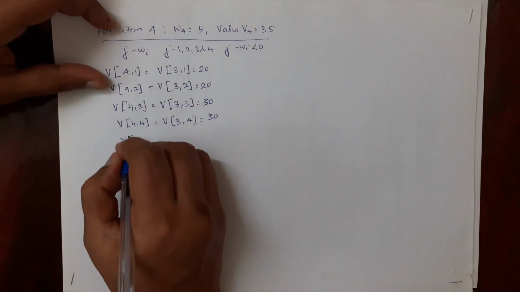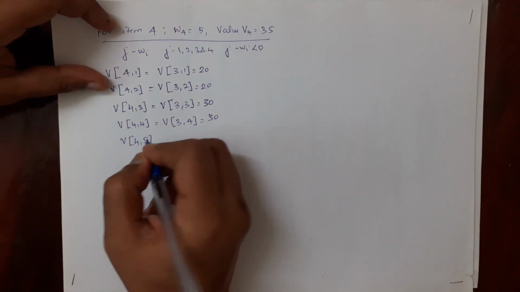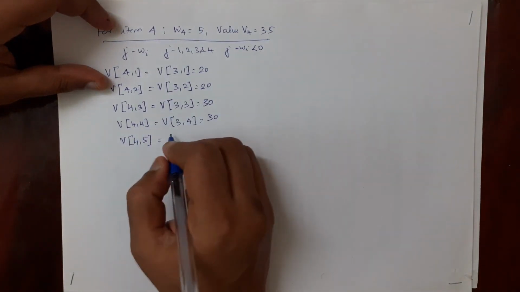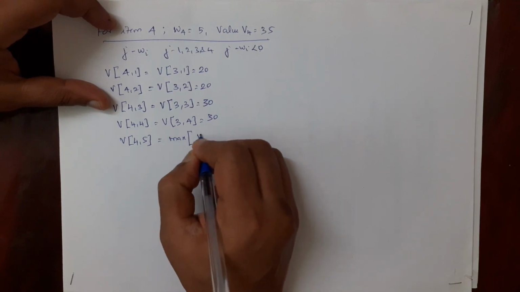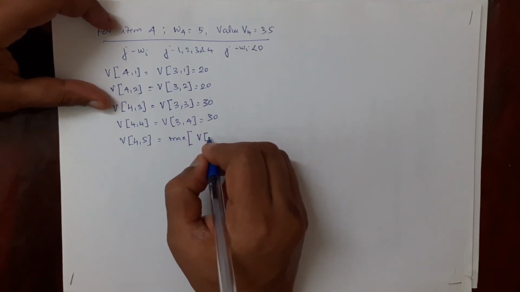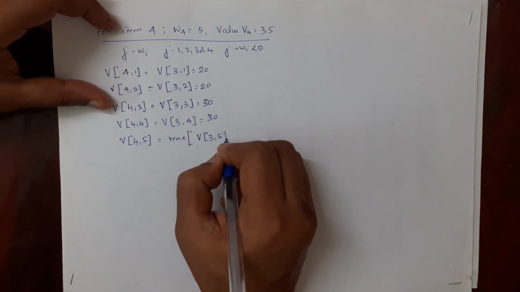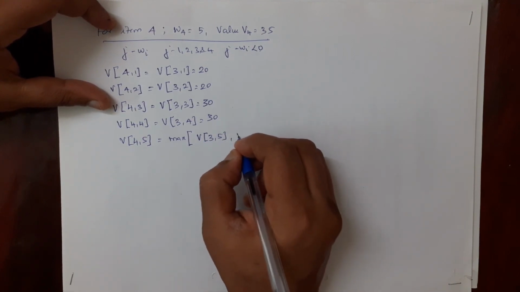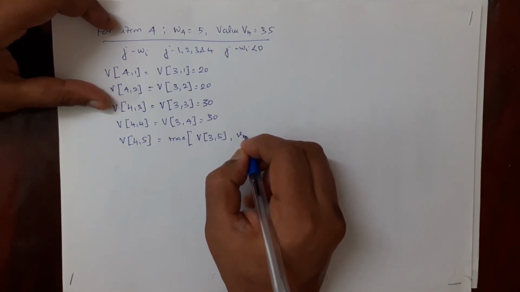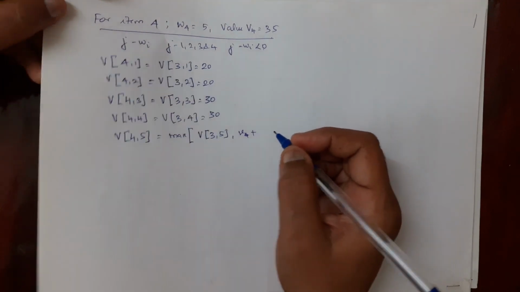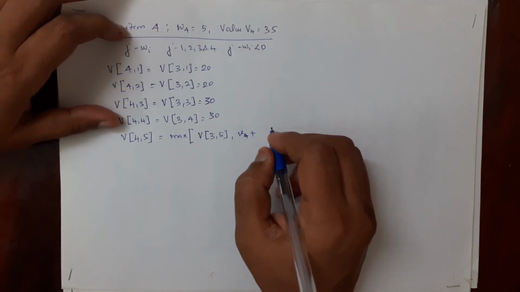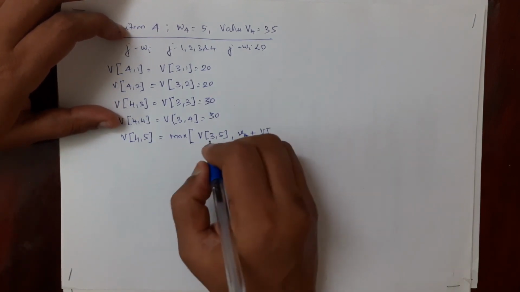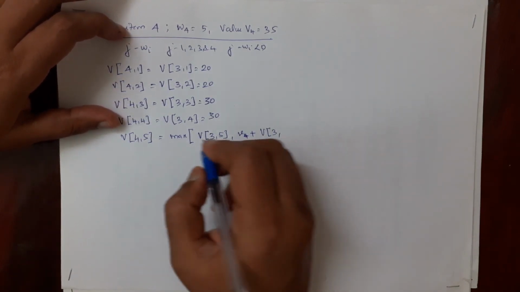Okay, next we have to find v of 4 comma 5. Here 5 minus 5 is 0. It is not less than 0, so you have to use this formula: maximum of v of i minus 1, that is 3 comma j, or the value of this item v4 plus v of i minus 1, that is 3 comma j minus wi.